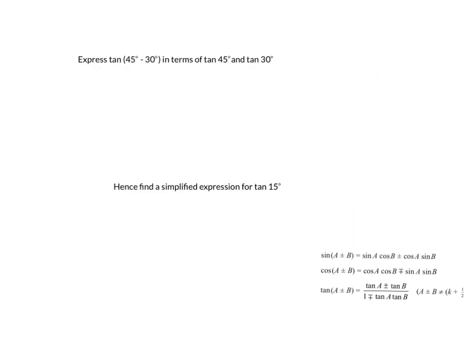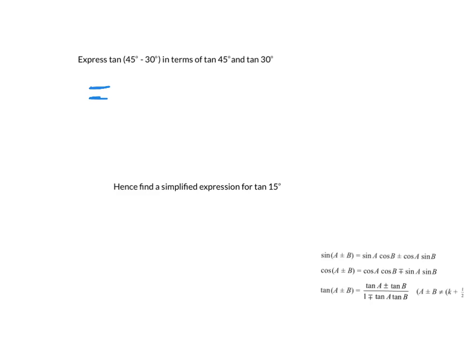Okay, well, here's another type of exam question you might find. Express tan of 45 minus 30 in terms of tan 15 and tan 30. Well, let's use our formulae.